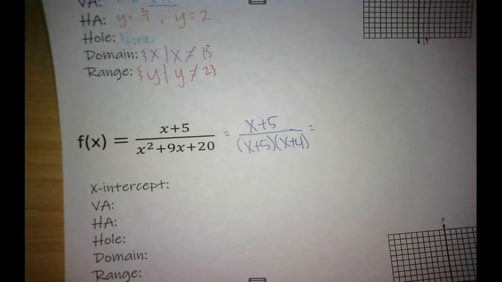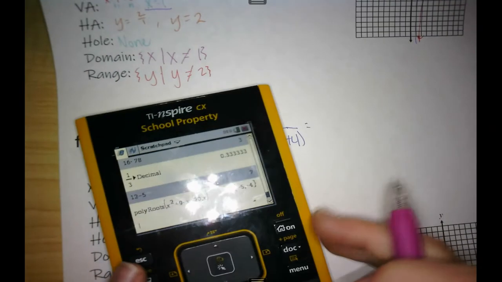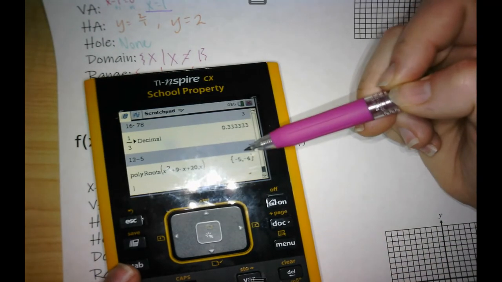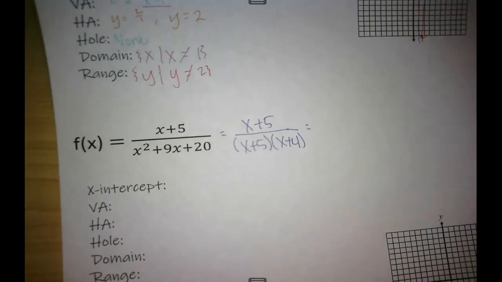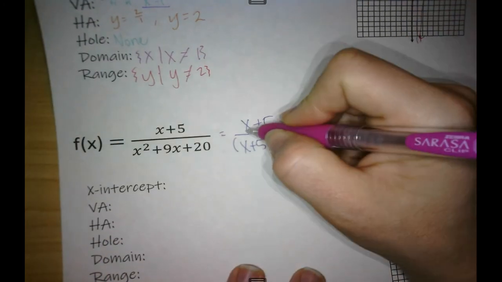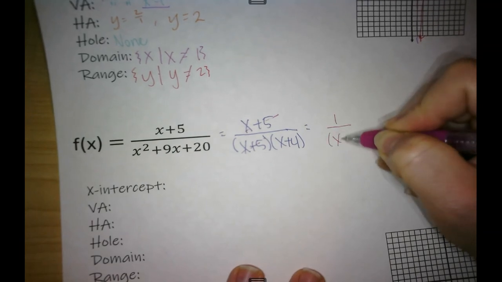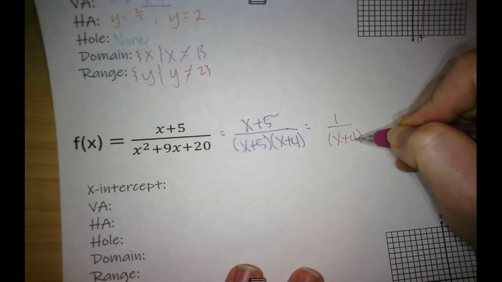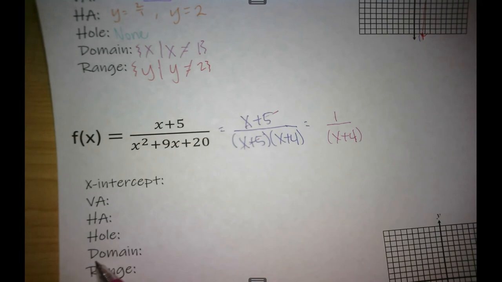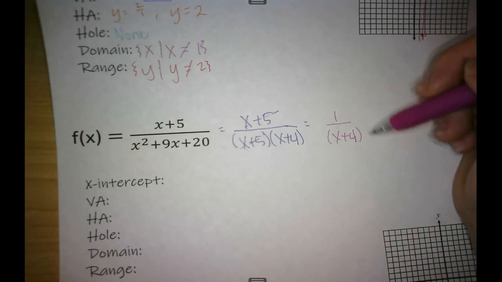Okay, so we're going to keep simplifying this just like we did. Remember, when you do it in your calculator, it's going to give you negative numbers and you change your signs. So this is the same as this. So this simplifies to 1 over x plus 4.